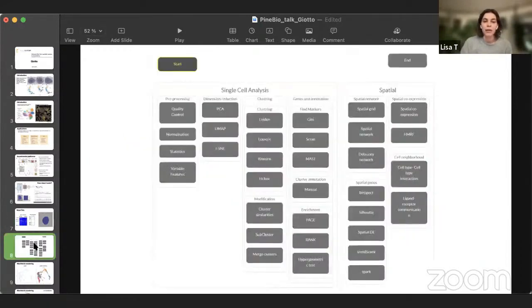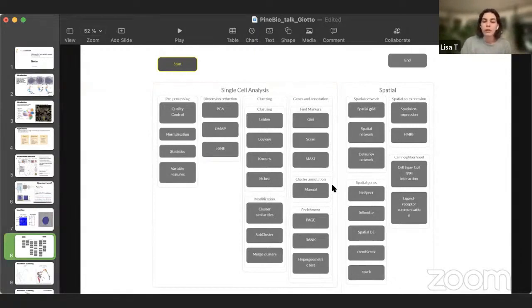So with the data I just showed, we can start our pipeline, and spatial transcriptomics is actually very similar at the beginning. It's very similar to single cell analysis. It also has the pre-processing steps, the dimension reduction, different clustering algorithms, and different algorithms for cluster-specific marker gene identification and cluster annotation.